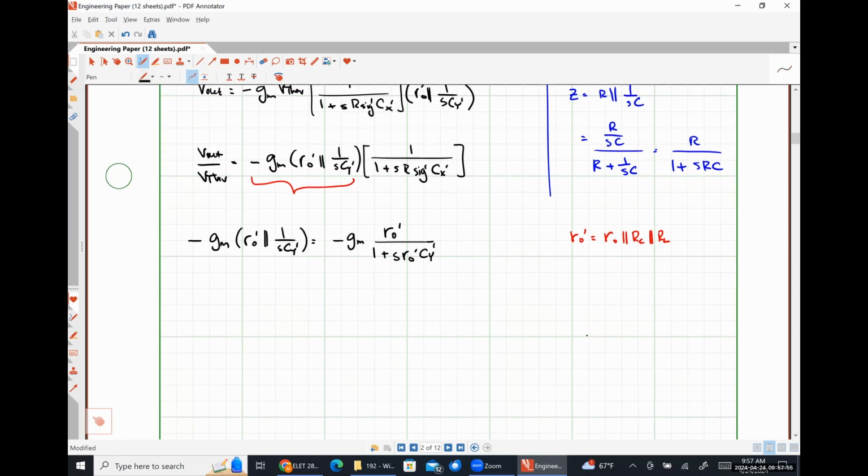So when I substitute that in, I get negative GM. So I've got an R naught in parallel with an RC, that quantity in parallel with RL divided by 1 plus S R naught prime CY prime.